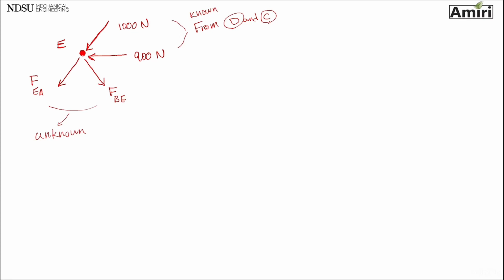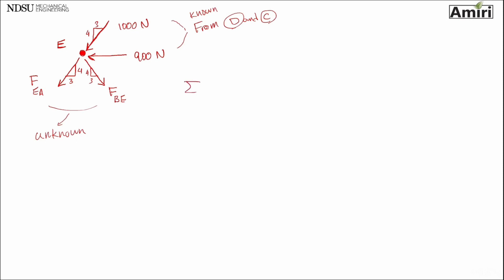So let's find the slope for them as well. This is also 3, 4. So this is 3, 4. And the other one is also 3, 4, going this way. All right.